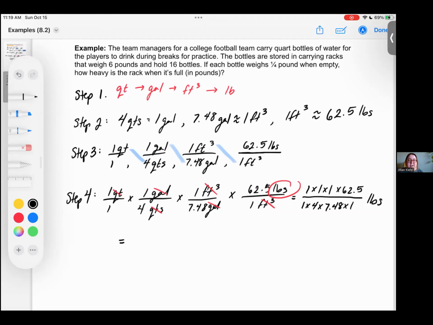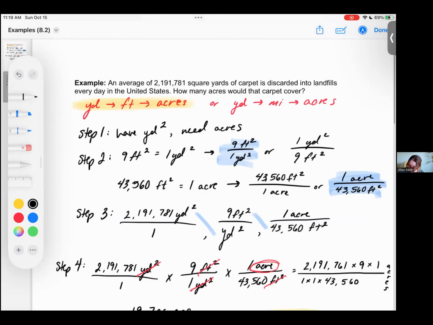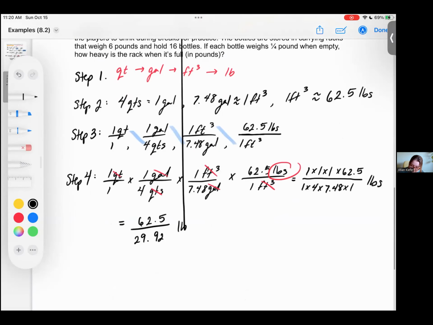So simplifying that down, plugging into our calculator, we should have 62.5 over 29.92, 4 times 7.48. This is in pounds.